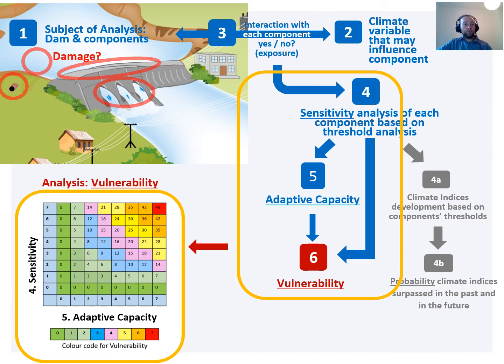For instance, we have here a matrix, and if we assume that our assessment of sensitivity is that on a scale from 0 to 7, we have a sensitivity of 4, and our adaptive capacity is not very high, let's say a 7, we cross both and we come to a 28, which translates into a vulnerability of 5.